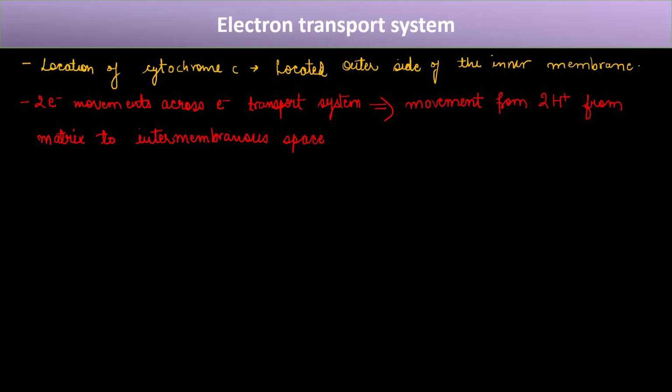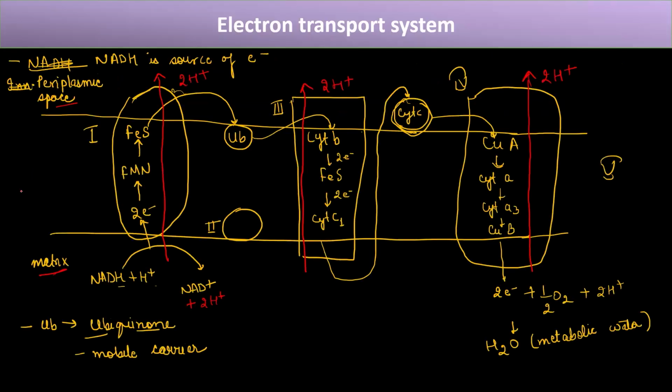Now we are seeing in the movement of electrons from NADH, what complexes are involved. If you look at this figure properly, you can see that complex 2 is not getting involved in the electron transport system.